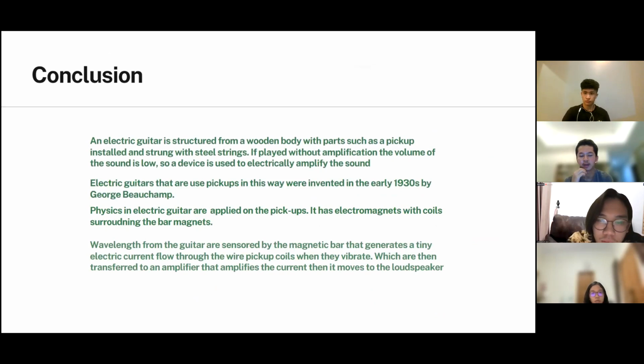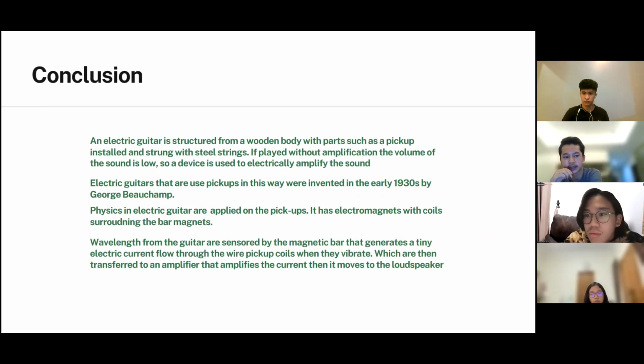So the conclusion of our presentation is that an electric guitar is a structure made from a wooden body with parts such as the pickup installed and strung with steel strings. If played without amplification, the volume is very low, so an amplifier is used to electrically amplify the sound.